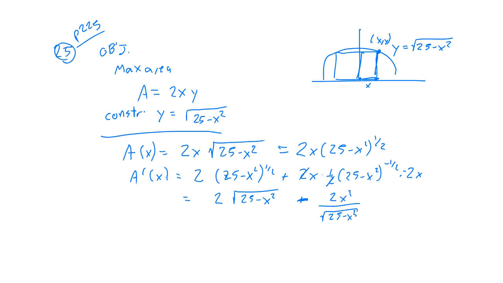So I'm going to multiply this first one by square root of 25 minus x squared over itself to get a common denominator. Ew, that's coming out terrible. So down here in the denominator, I have the square root of 25 minus x squared.